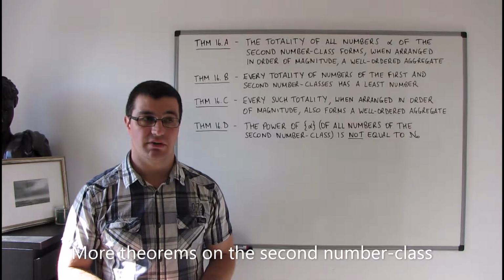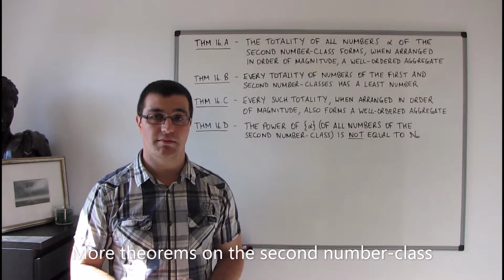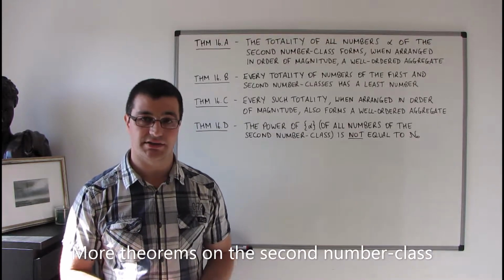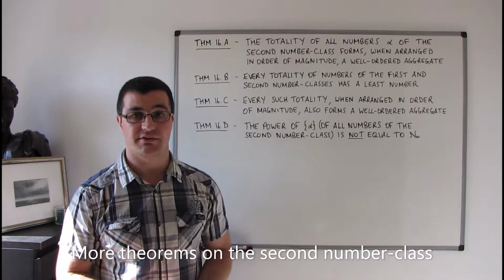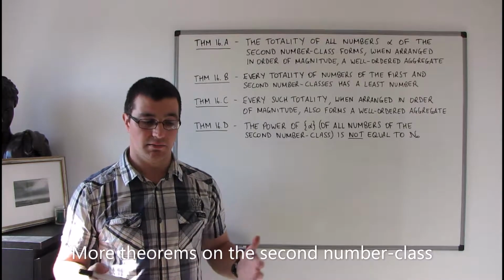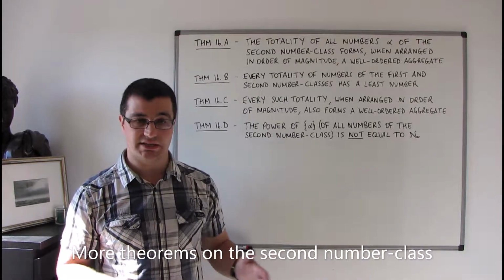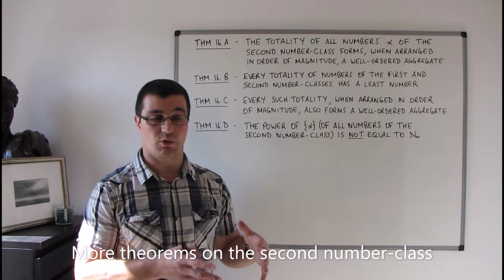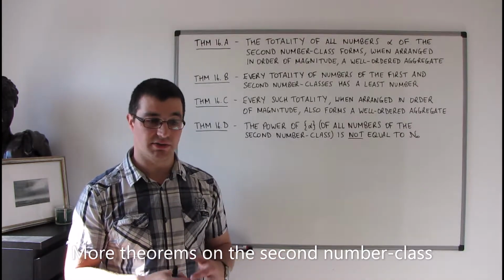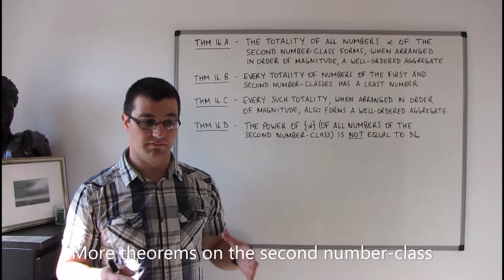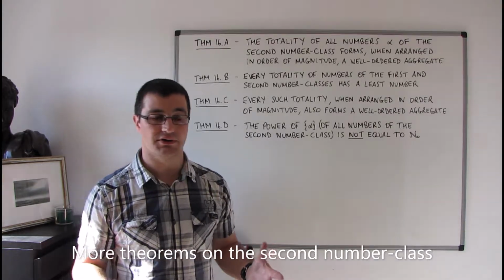So this is the seventh, I think, video in my series of videos on Georg Cantor's contributions to the founding of the theory of transfinite numbers. In this video, I'm just going to continue with what I started in the last video, which is looking at this second number class of ordinal numbers.